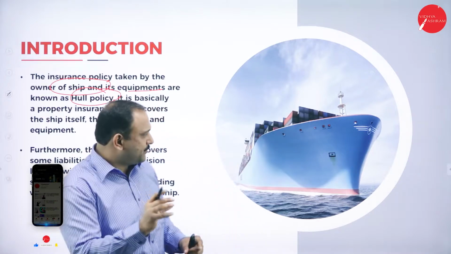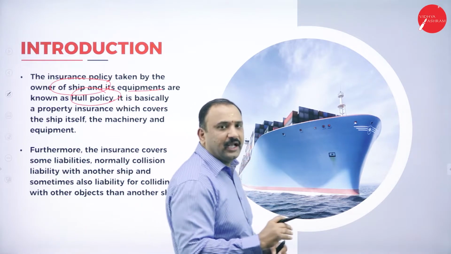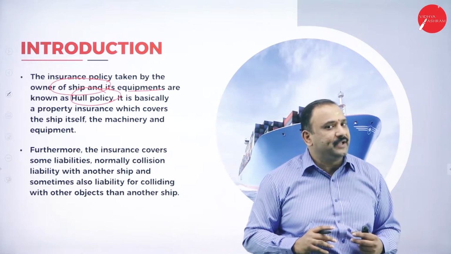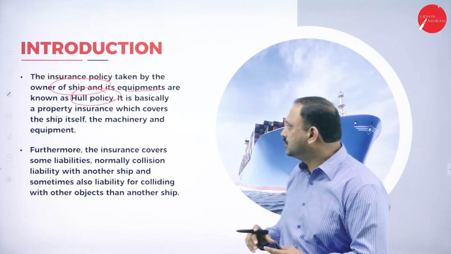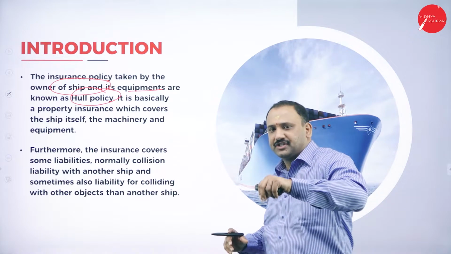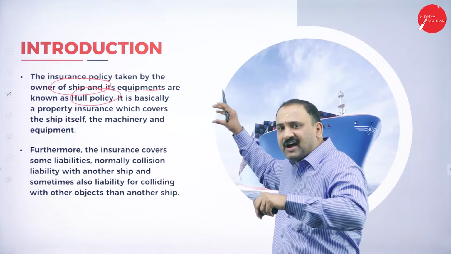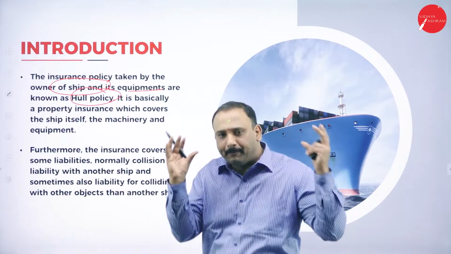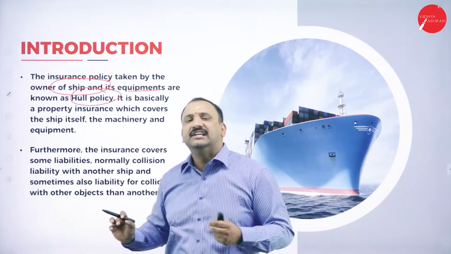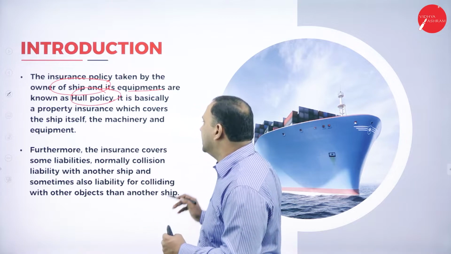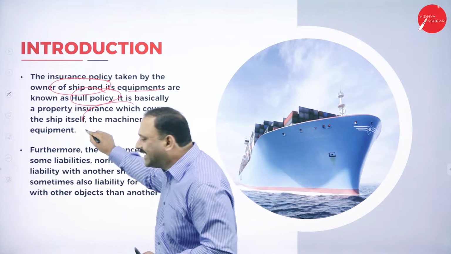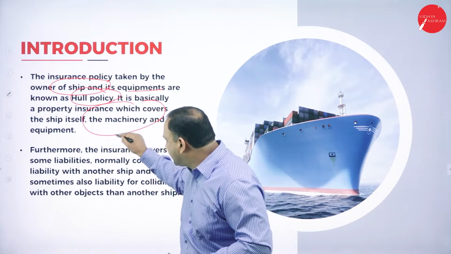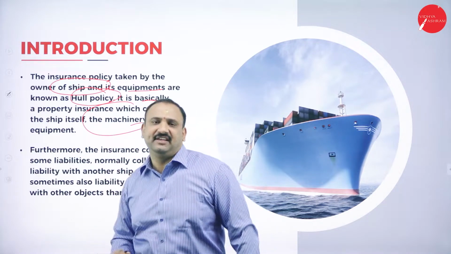Now, when you talk about a large ship, it has several components, several working parts all together. So the owner of the ship, when you talk about owning the ship and its equipment, the composite factor put together is known as the hull policy. It's basically a property insurance which covers the ship itself, the machinery and the equipment.